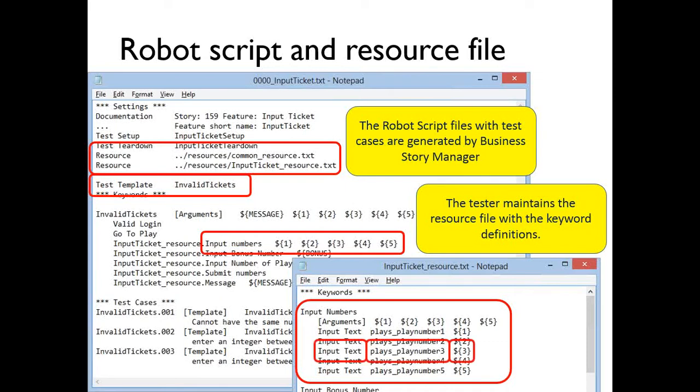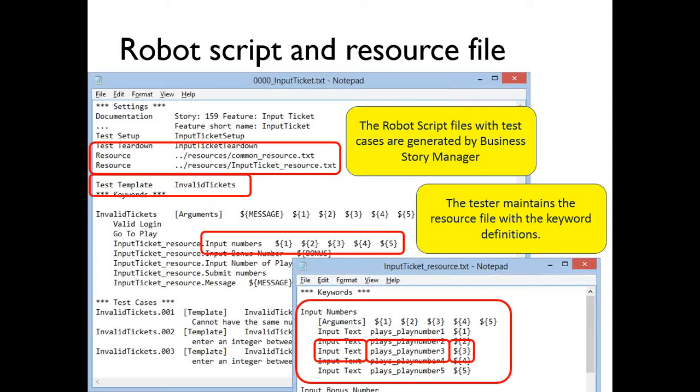And you can see if you read across, input text is a Selenium WebDriver keyword, a command. Plays underscore play number 3 is the identifier for a field on the screen in the system under test. You could track it down in the HTML for the web page you're looking at.